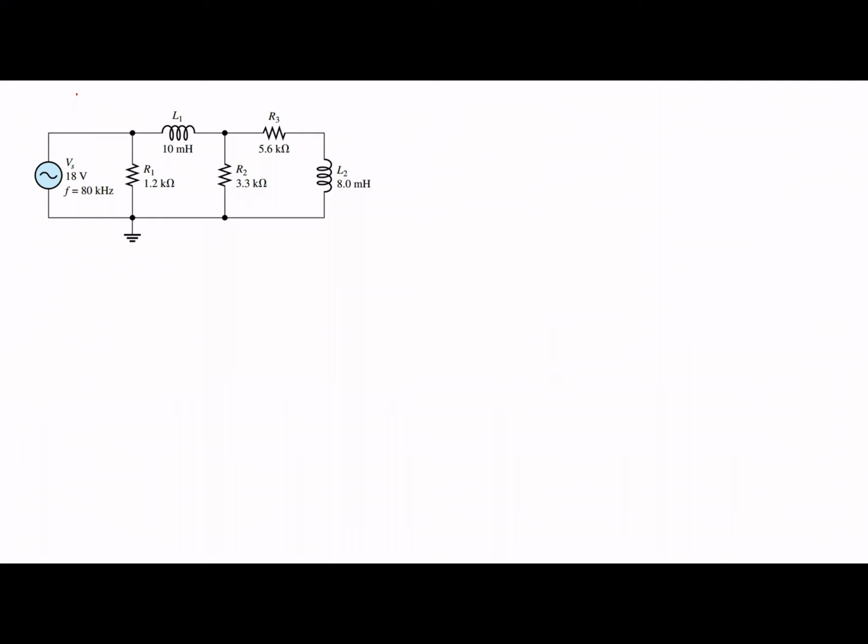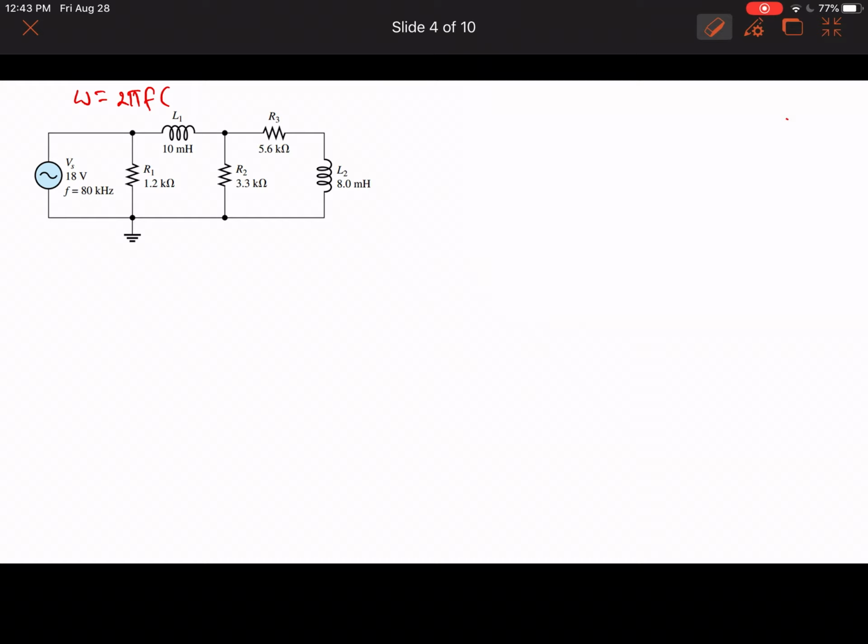Okay, and the first thing that we can do here is to solve for omega, which is equal to 2 pi f, which is equal to 160,000 pi hertz, which will be equal to 503 kilohertz.